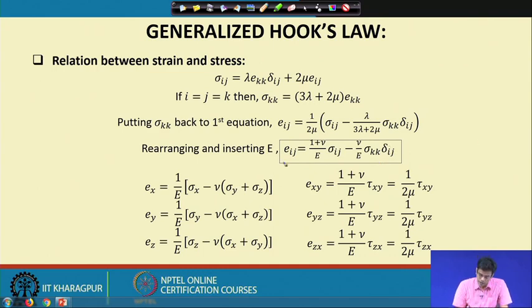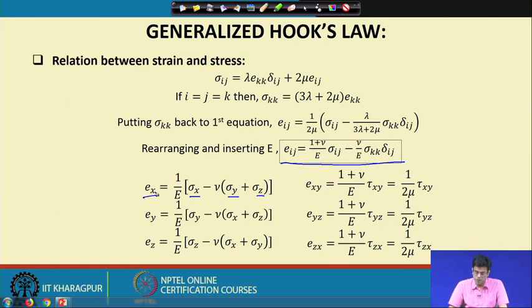This is essentially how the strain relates to the stresses. If I write this in component form, with sigma x, sigma y, sigma z, and the strains, then if I have the stress, I can calculate the strain components.